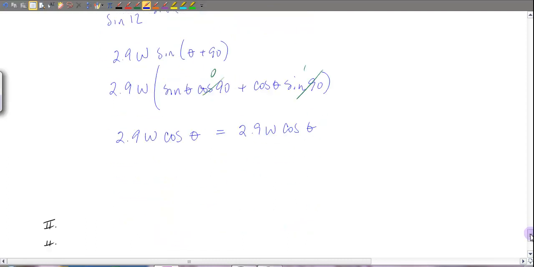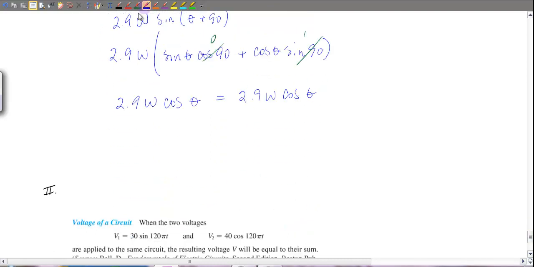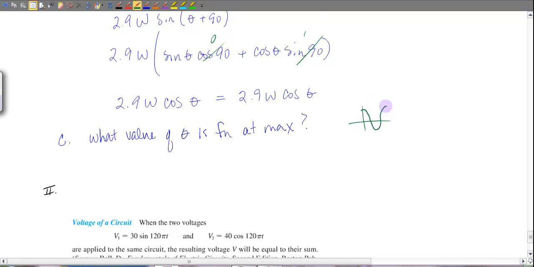The last thing this question asks is for what values of theta the function is at its maximum. Let's think about that, because we know what a cosine function looks like. Cosine functions start up top, go down, and end up top.